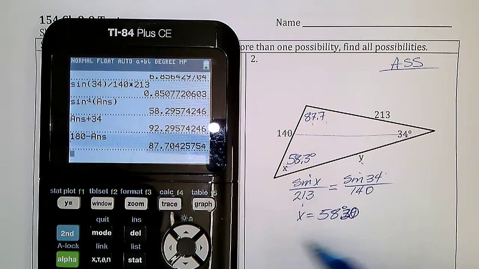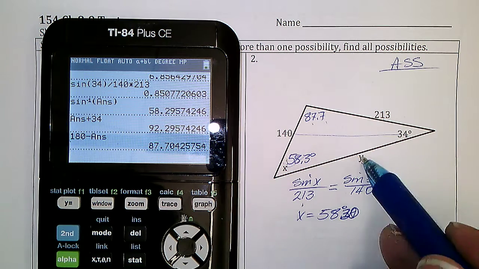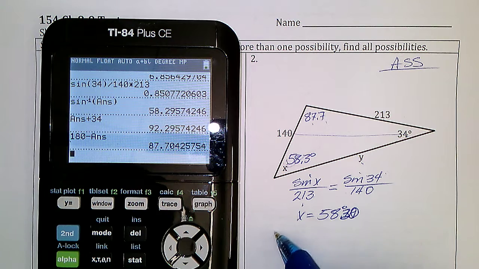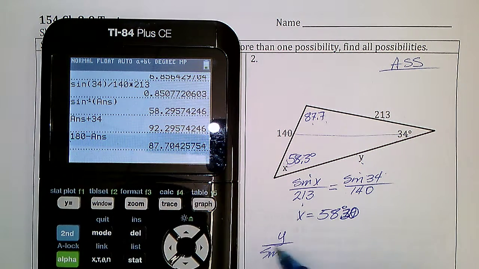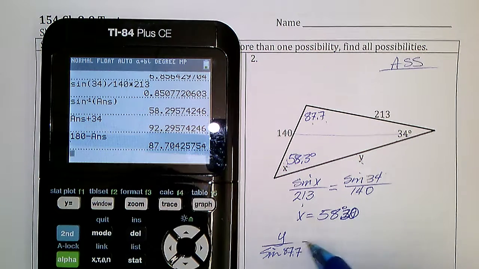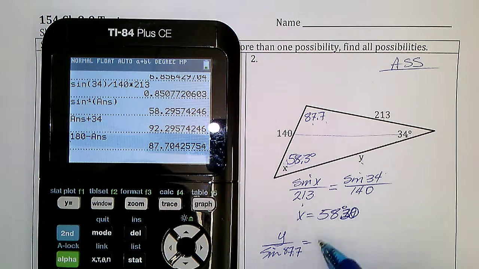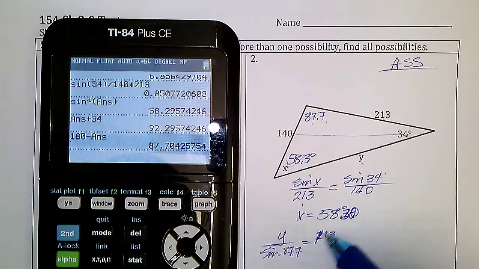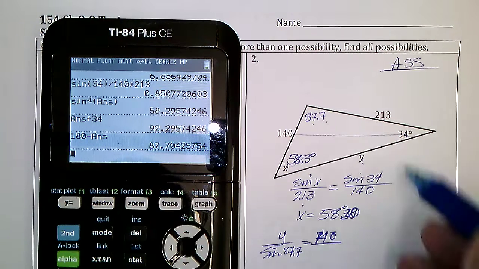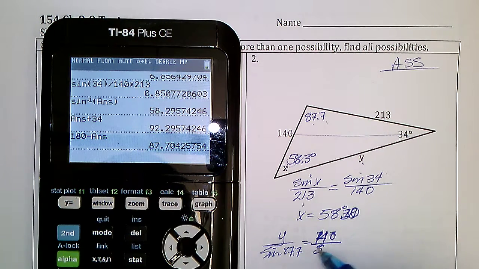So y would be, if this is that angle, then y over the sine of the angle opposite, 87.7, equals any other side. Let's use the one we have here, 140, over the angle that we know for sure, sine of 34.